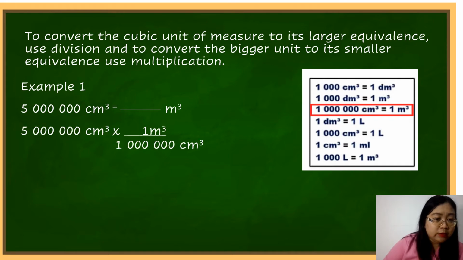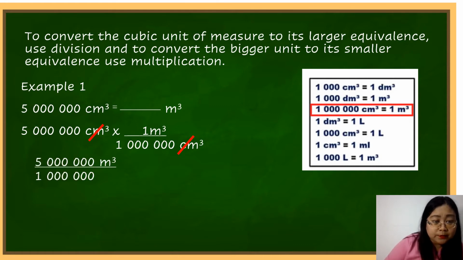Let us solve. 5 million cubic centimeters times 1 cubic meter divided by 1 million cubic centimeters is equal to, okay, let's first cancel the cubic centimeter.